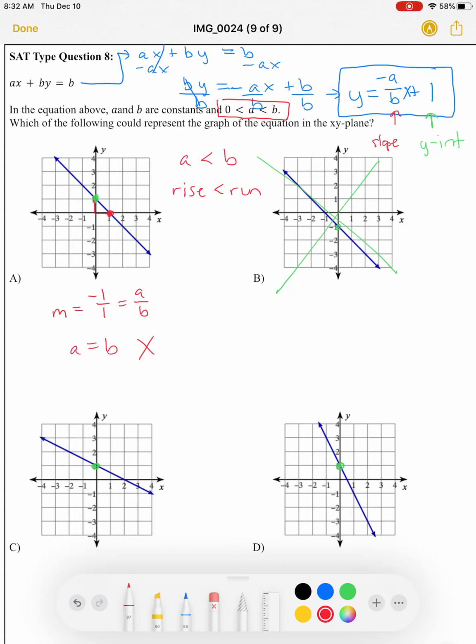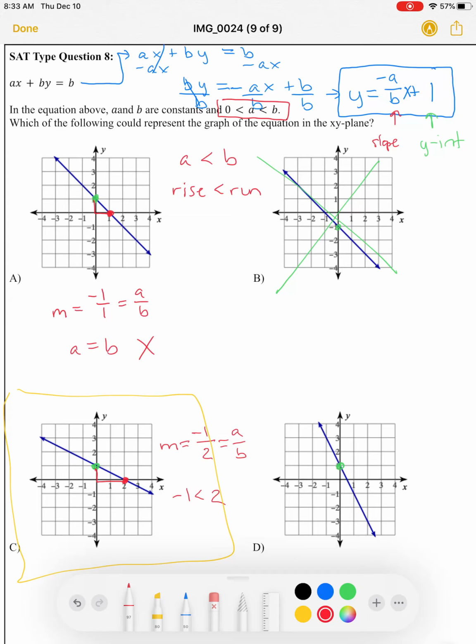So then looking at option C, picking a different point, counting rise over run, our slope would be down 1 over 2. Comparing that to a over b, we would have negative 1 is less than 2. Ooh, that's a true statement, right? Negative 1 is less than 2, so our a is smaller than b. So it looks like option C is our answer.